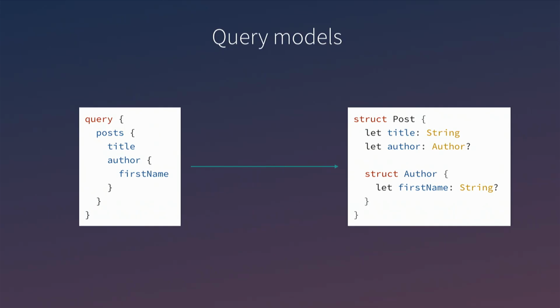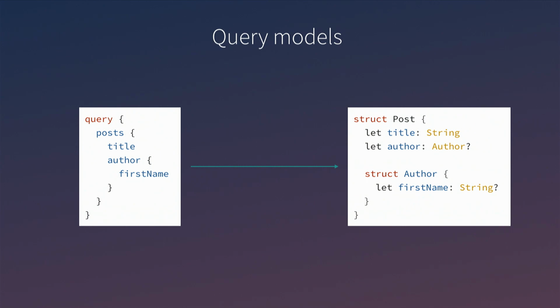So what we do with the Apollo clients, both the Swift client and the Android client, is we actually generate models from queries. So not from schemas, but from queries. And the types you get are specific to the query. So there's no global post object or a global author. There's the post that you get when you execute this specific query.